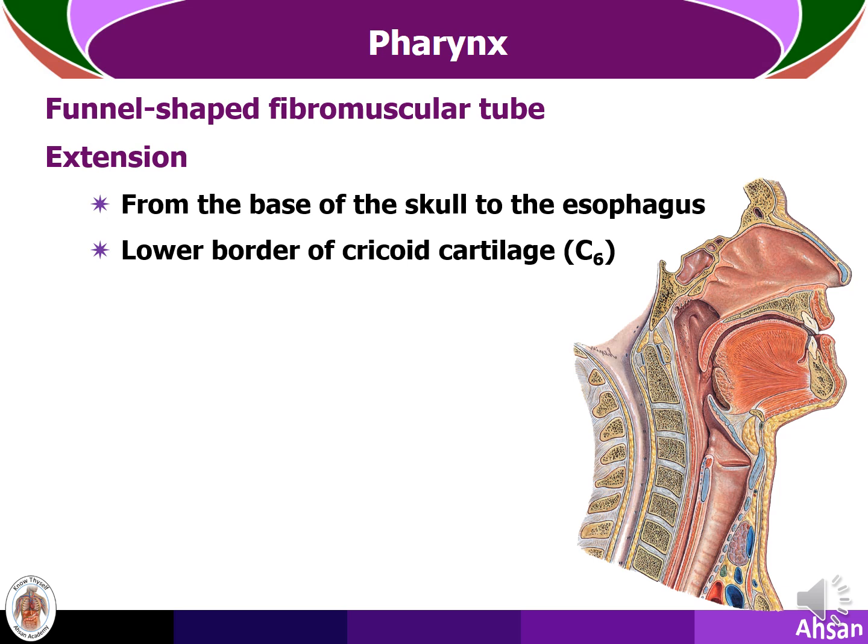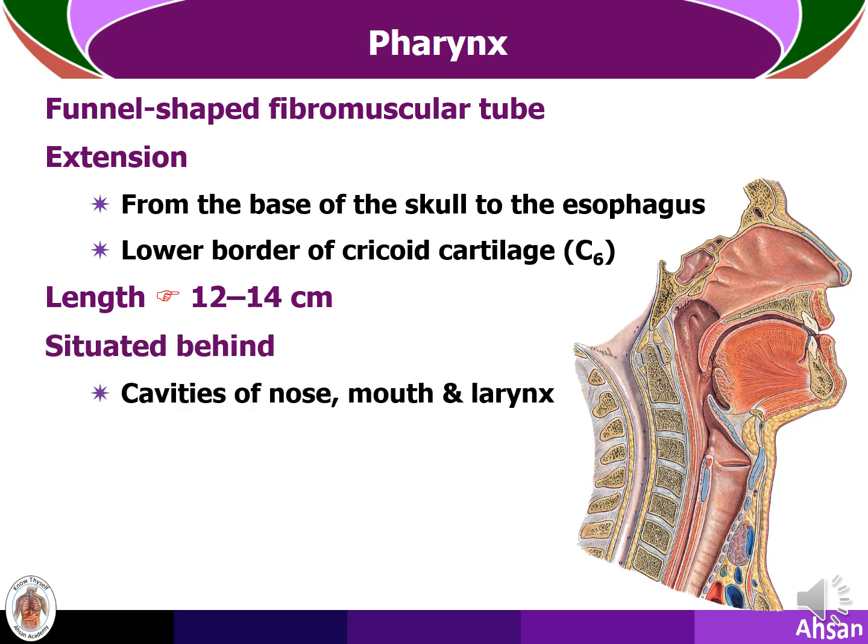This is at the level of the 6th cervical vertebra. Total length is about 12 to 14 centimeters in an adult male. It is situated behind the cavity of the nose, the cavity of the mouth, and behind the larynx. You can see the color change; it is indicating the pharyngeal cavity actually.